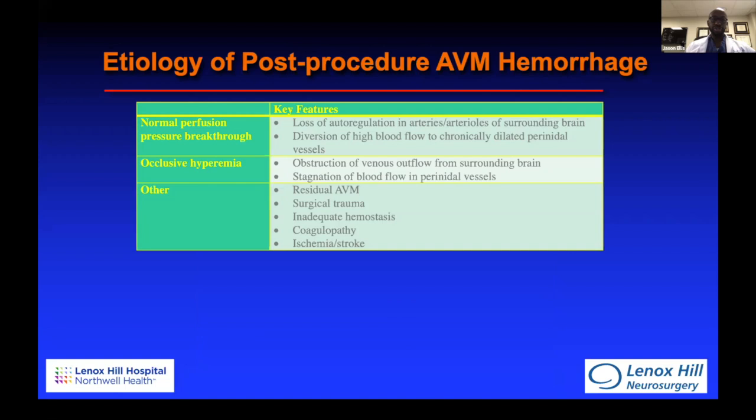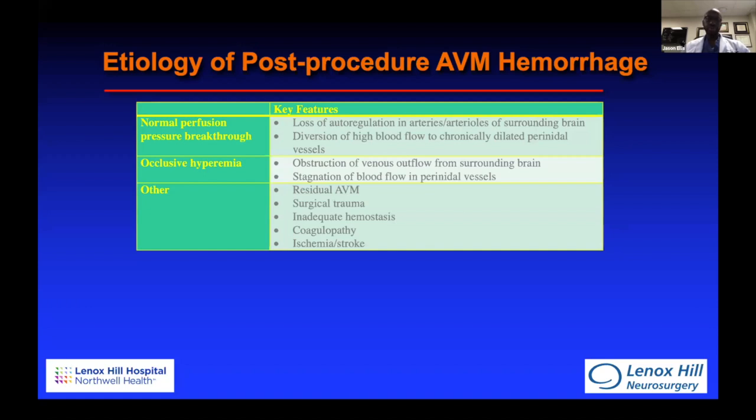Normal perfusion pressure breakthrough is a phenomenon that was described as the etiology of some of these post-procedure hemorrhages, and it's thought to be due to a loss of autoregulation in the arteries and arterioles surrounding the brain.